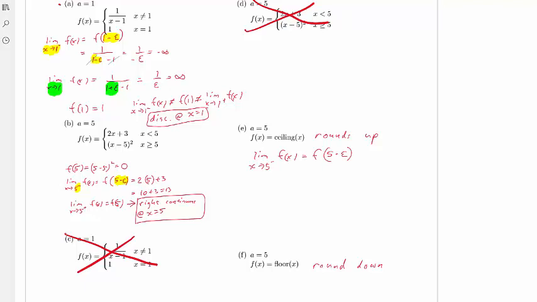So we're a little less than 5, like 4.99999, 1,000 nines, and then another 9. We're really close to 5, but not quite there. It's getting rounded up to 5, which is the same thing as if we simply plugged 5 in. And so we are confident in saying this is left continuous.